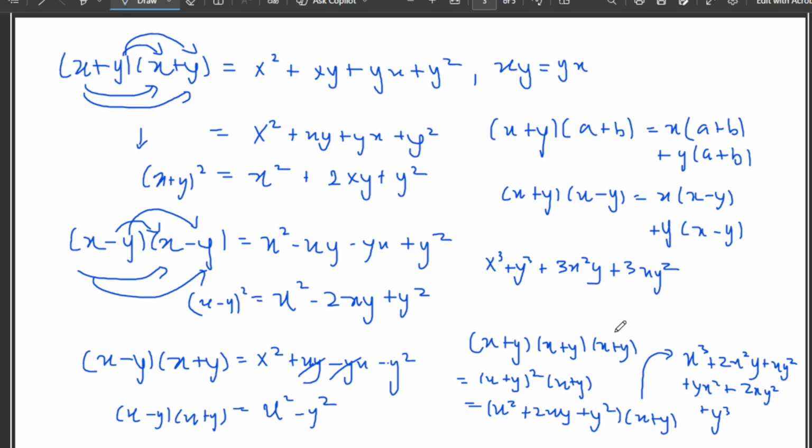Yeah, that's it. So we have x cubed plus y cubed, and then 3x squared y, and then plus 3 times xy squared. So this is our formula for x plus y cubed.